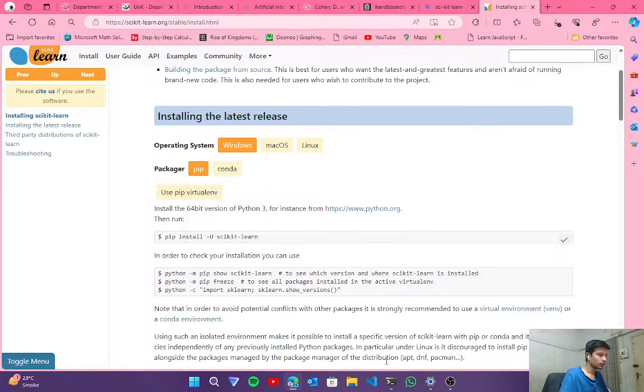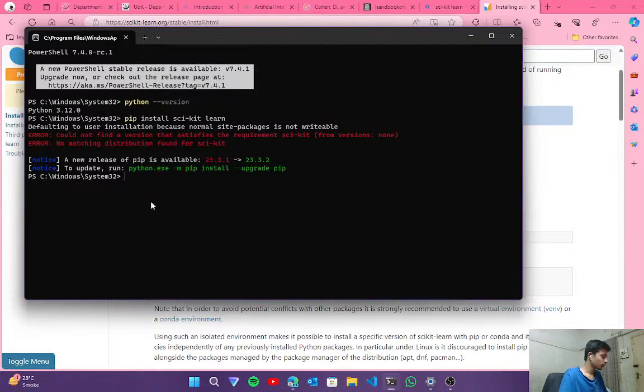This will be the code, this will be the command. It is probably wrong.